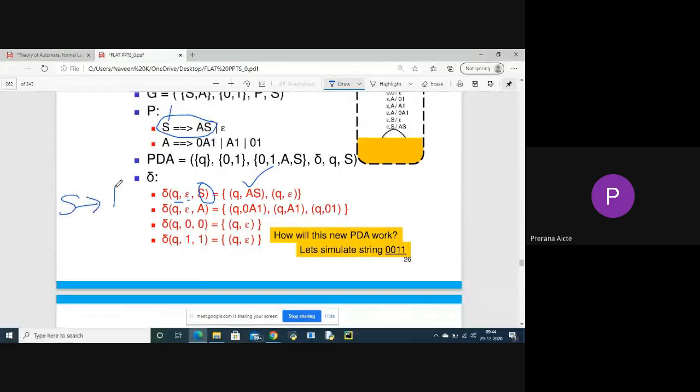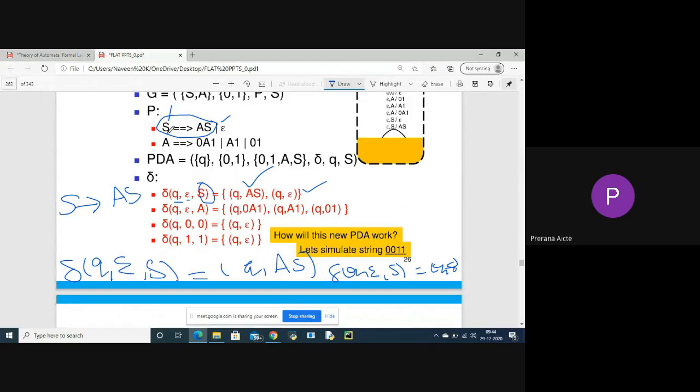If the production is in the form of S tends to AS, then the push-down automata transition is delta of Q comma epsilon comma S is equal to Q comma AS. In the same manner, for S tends to epsilon, we need to write delta of Q comma epsilon comma S is equal to Q comma epsilon. This is the grammar for the production S tends to AS or epsilon.